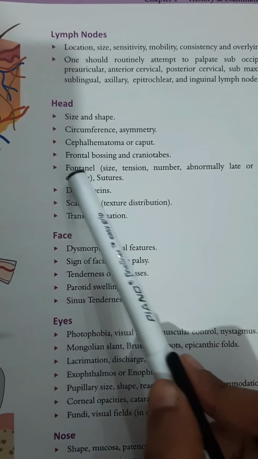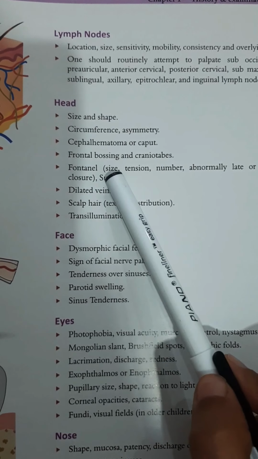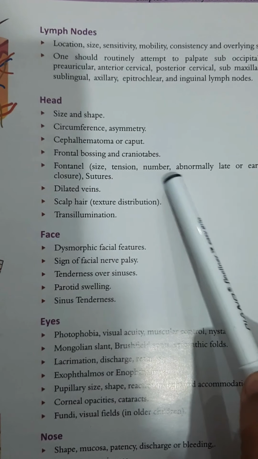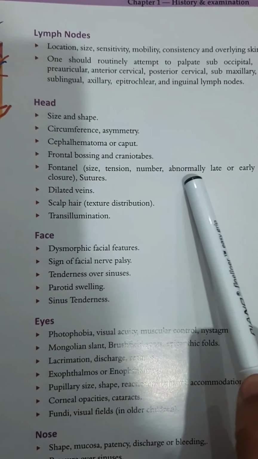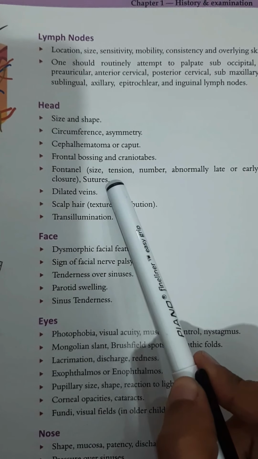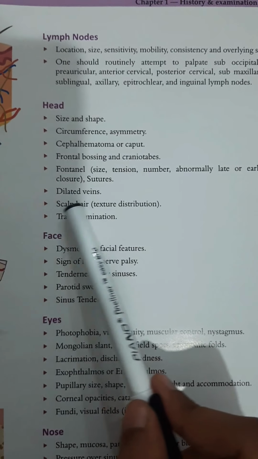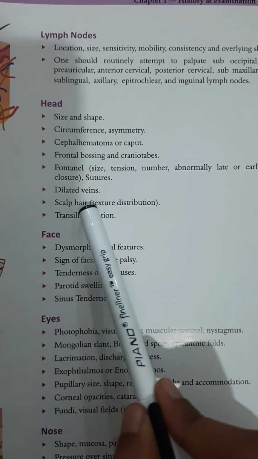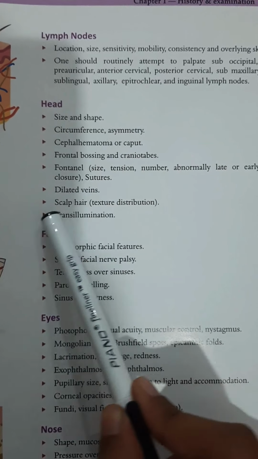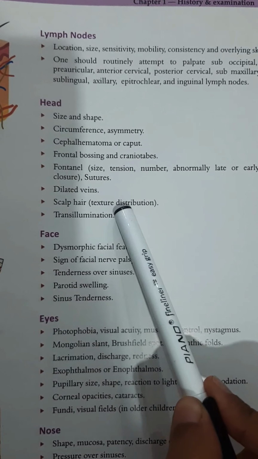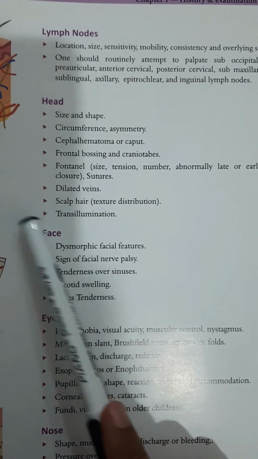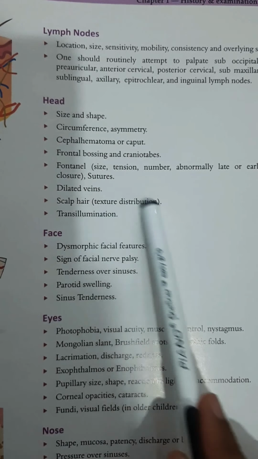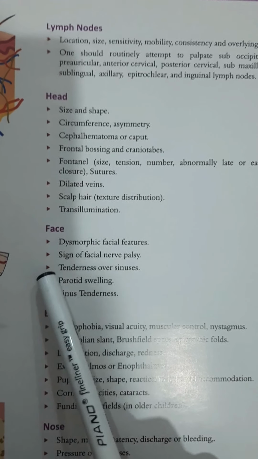Then we will check the fontanelle, and we will measure the size, tension, number, abnormally late or early closure, and sutures. We can check for dilated veins on the head. Then we can check the scalp hair, and look at the texture and distribution. Then we can perform the transillumination test if there is any swelling on the head.